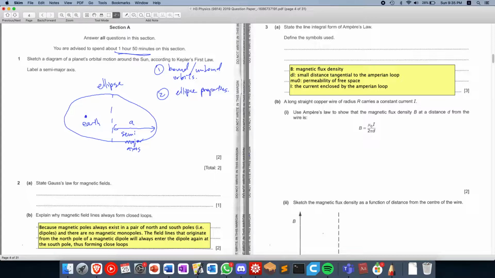So we have done the first question. The planet's orbital motion is an ellipse, and Kepler's first law, Kepler has 3 laws. So they give rise to certain rules, such that Kepler's first law, I believe, if I remember correctly, is that the area swept out by the object is constant over time.